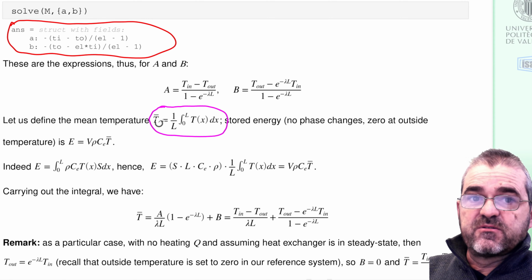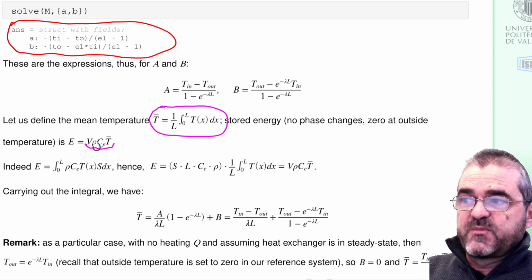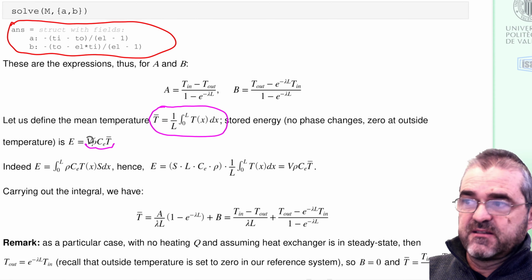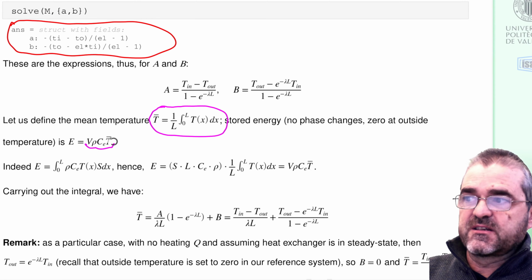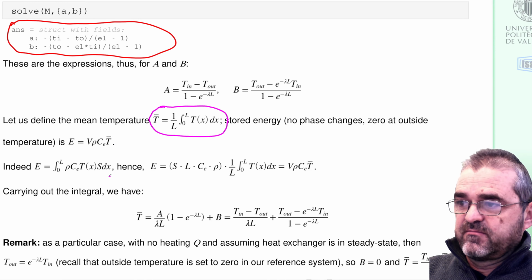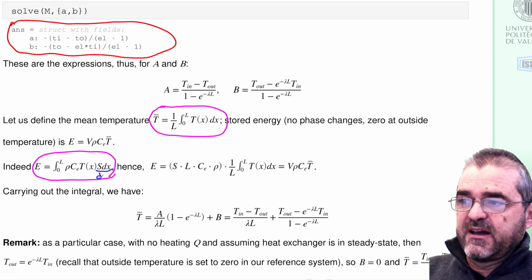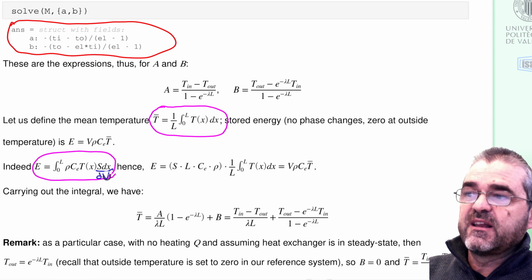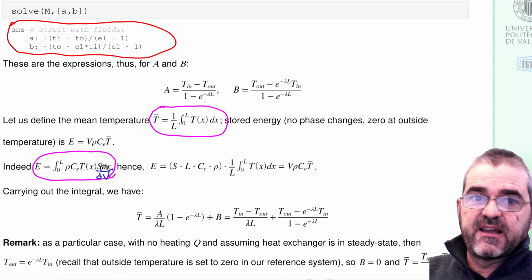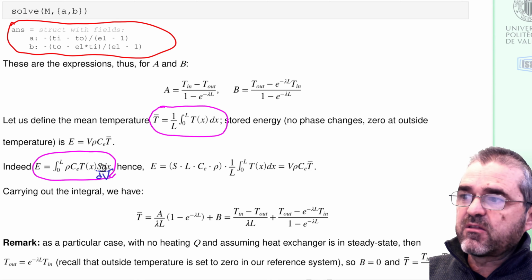Because this mean temperature times mass times specific heat gives me the total stored energy inside the heat exchanger. Indeed, the total energy will be the mass. This will be an infinitesimal volume element, cross-section times the infinitesimal length.